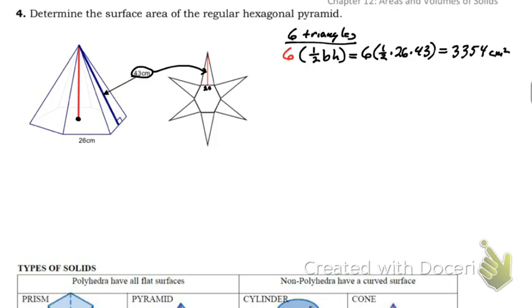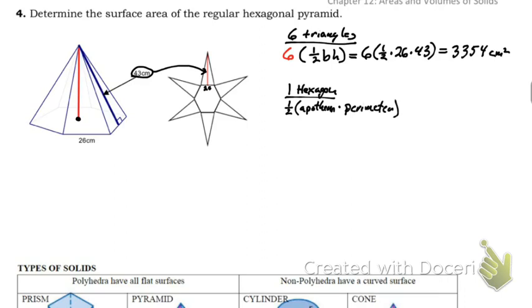Now the last thing I need to find, so I have 6 triangles, I just need to find one hexagon. Now just a reminder, the area of any polygon is going to be 1/2 the apothem times the perimeter.